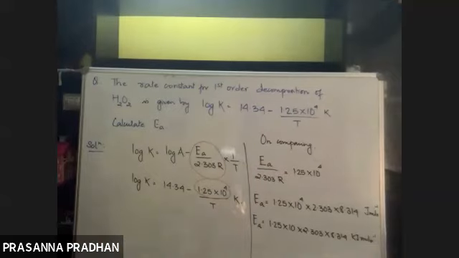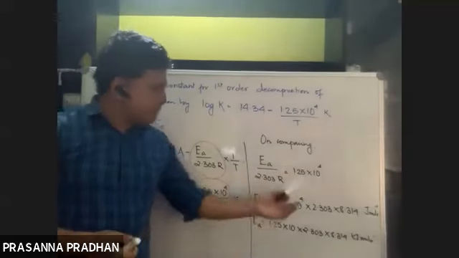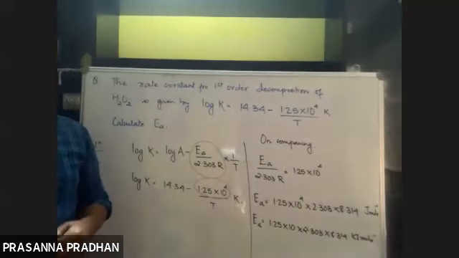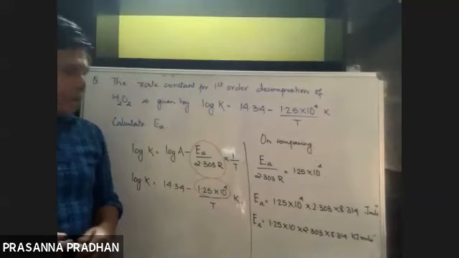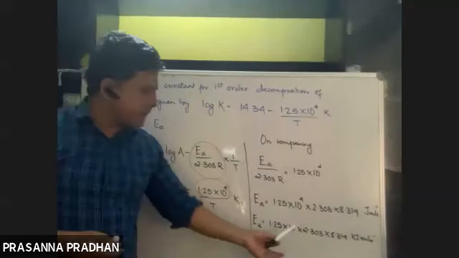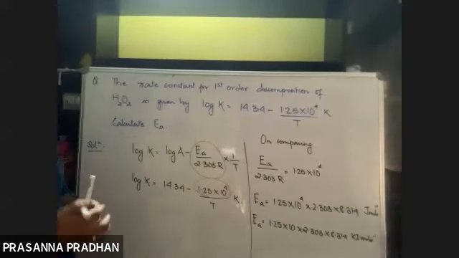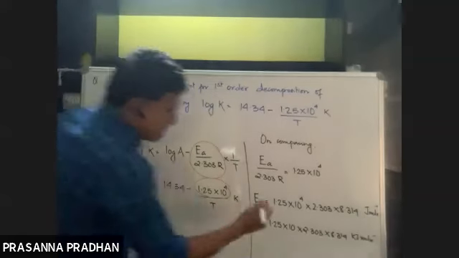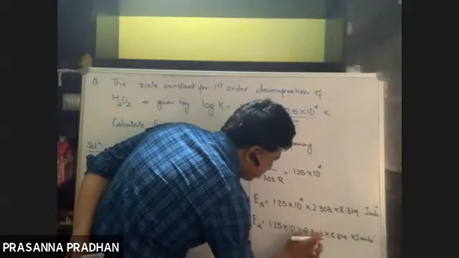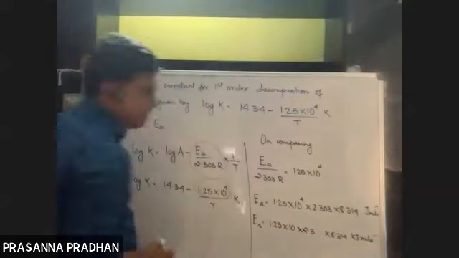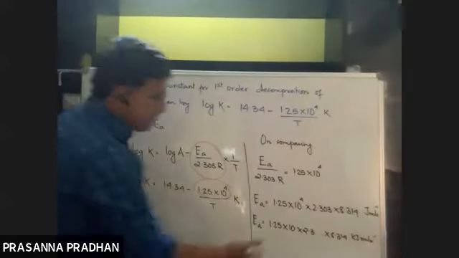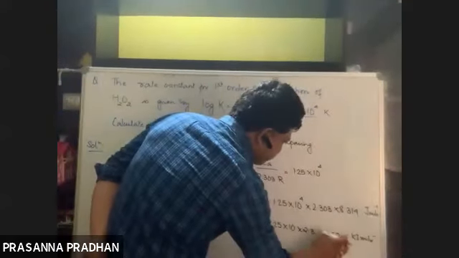Fine. So for ISC students, this is not a problem since you are allowed to use calculators, but for CBSE it will be quite time consuming here because we need to multiply such a huge number. So what I suggest is you can approximate this as well. Instead of 2.303, you just take 2.3, and instead of 8.314, you just take 8.3.